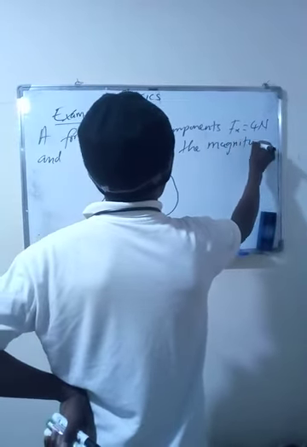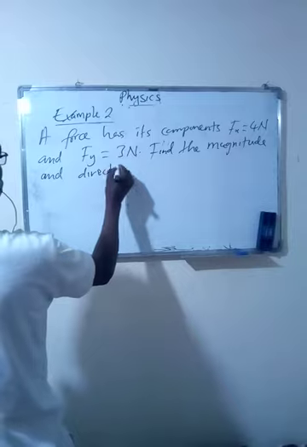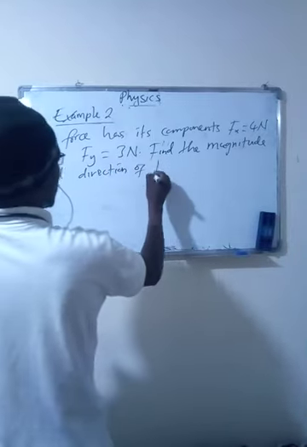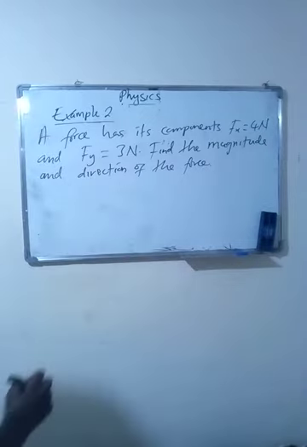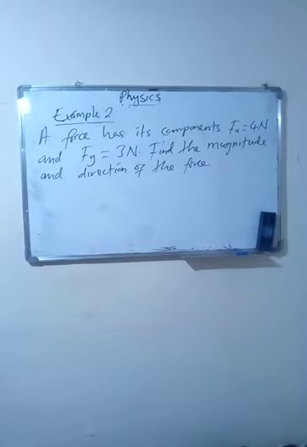So how do we go about it? Remember what we said? For a vector A, the magnitude is equal to the root of Ax squared plus Ay squared.